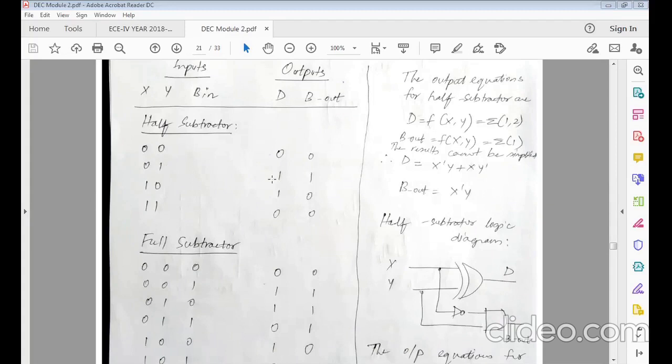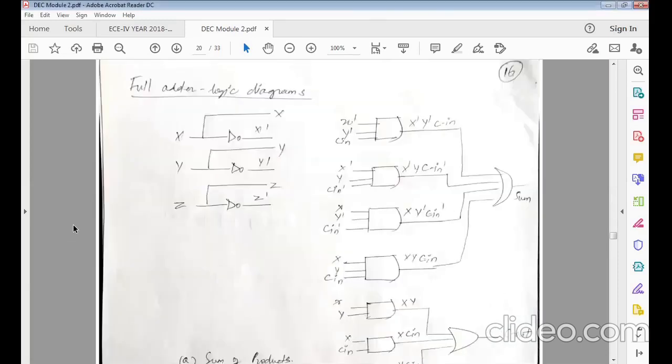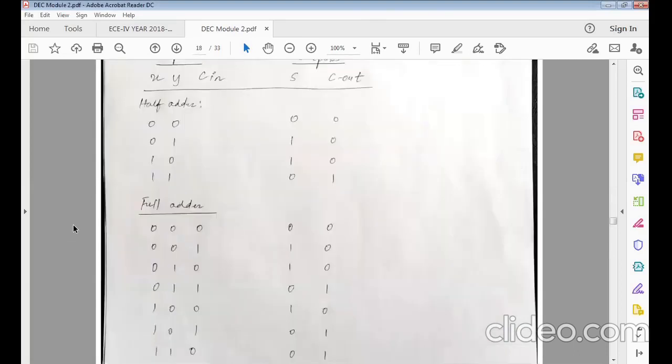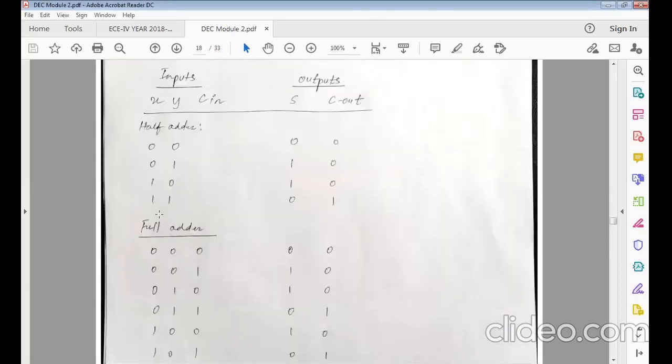So in that case, that is the rule. Just like how we add 1 plus 1, we're getting 0 in an adder, and carry gets generated. We have that rule. Look at this truth table. I have 1 and 1. When both are added, I'm getting 0, carry 1.